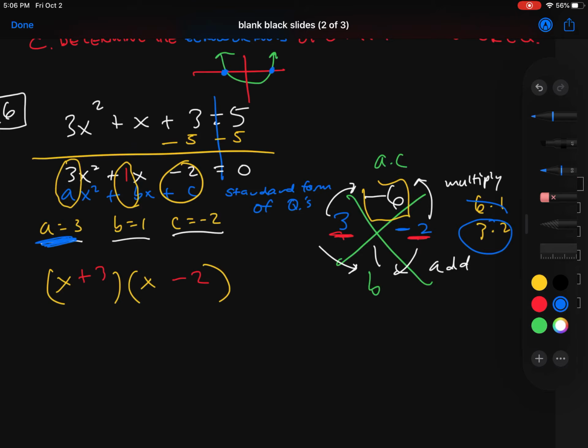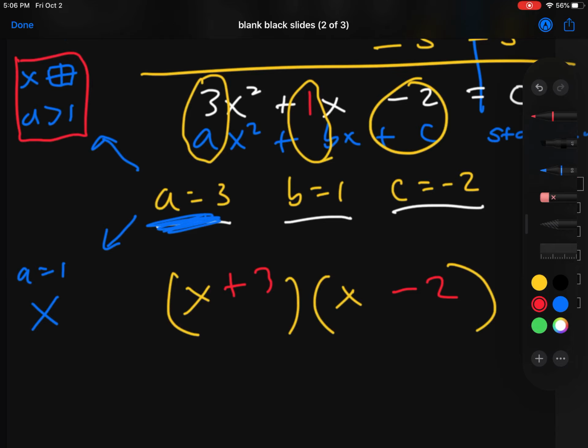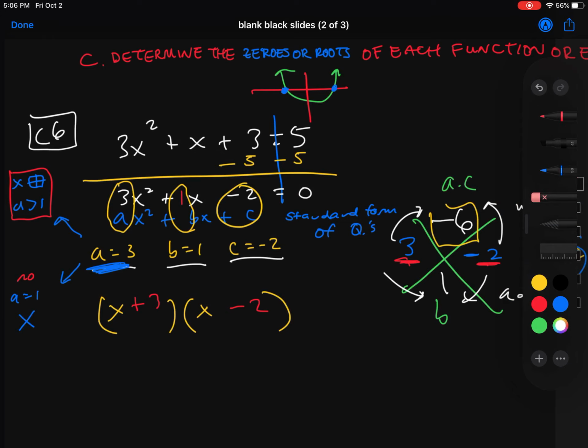When A is greater than 1, we need to do both the X and the box, okay? And if A is equal to 1, then you just do the X method, okay? So here we have to do this here. We cannot, no. Okay, that's a common mistake I've seen amongst students.